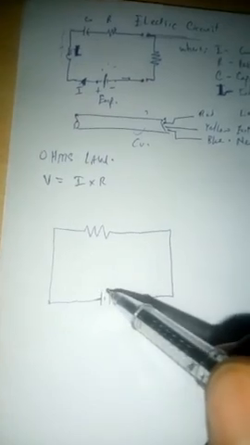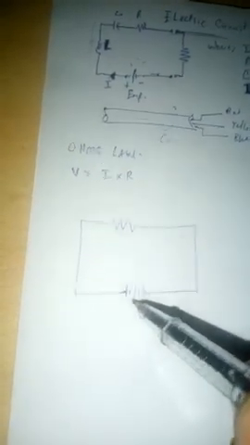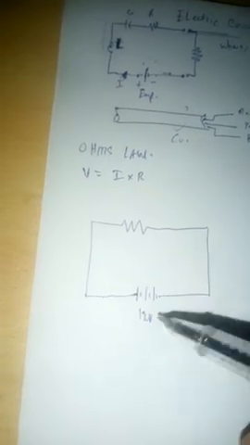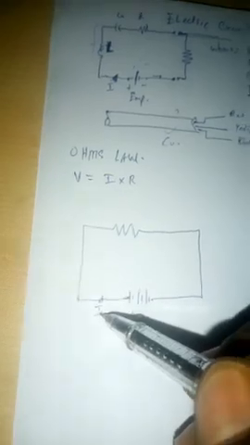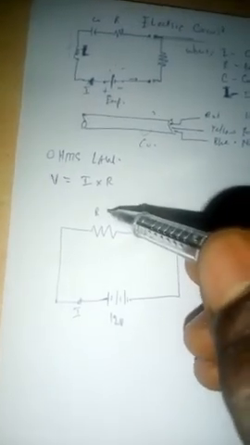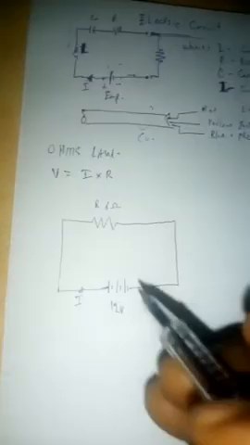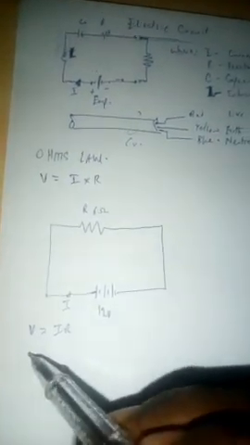If we have a voltage supply of 12 volts, then we have a current I, then we have a resistance, for example a resistance of 6 ohms. To calculate the current here, we say voltage equals IR.